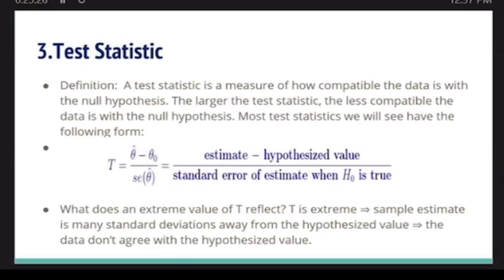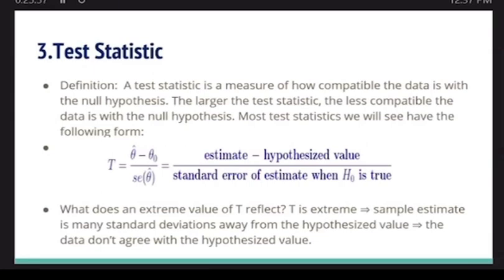We're going to fail to reject the null hypothesis. And let me tell you, the larger the test statistic, the less compatible the data is with the null hypothesis. When the test statistic becomes larger, that's a deviation away from the null. And when you have a deviation away from the null, that is moving us in the direction of the alternative. Does that make sense to everyone now?